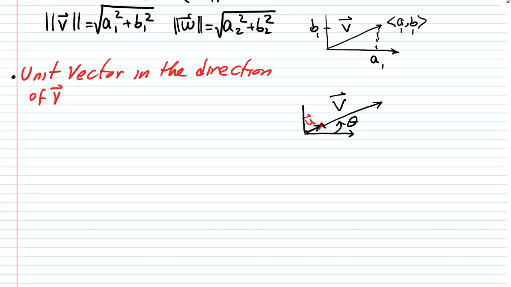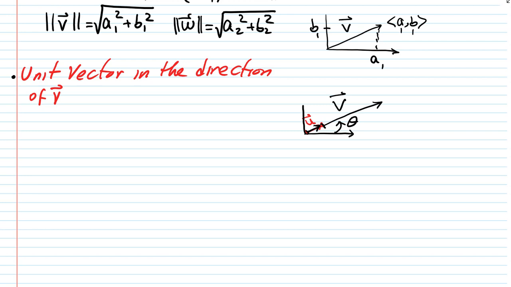Now, if I have a vector v, let me go back to this one. Let's say this is one that's clearly not a unit vector. But I can actually create a unit vector in that direction. Let's say this is now a unit vector. Let me go higher.